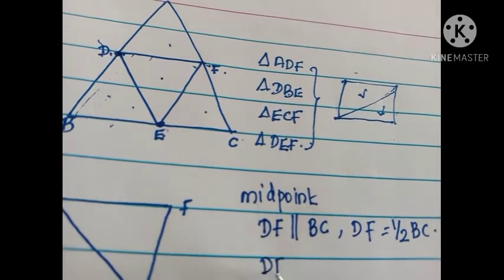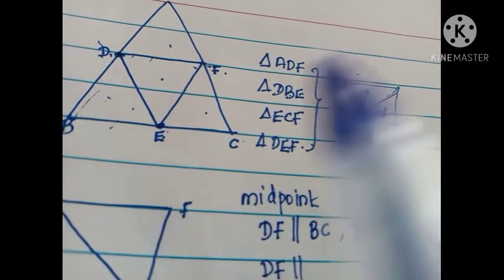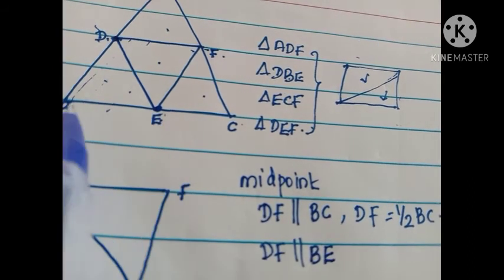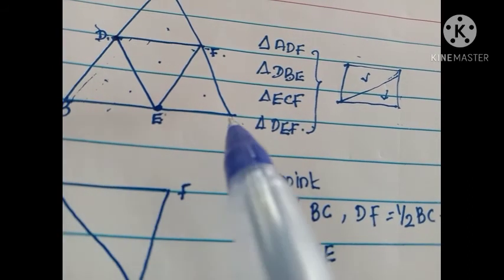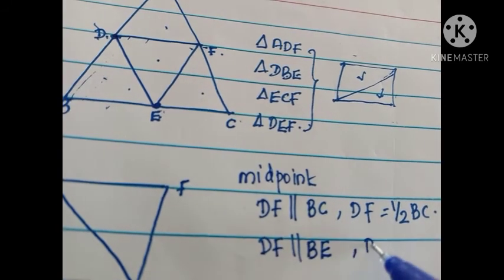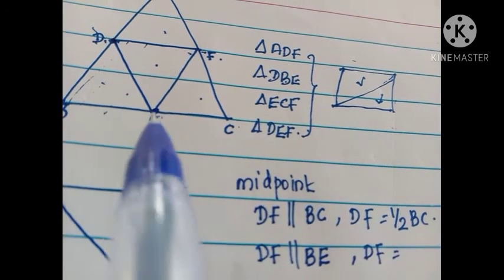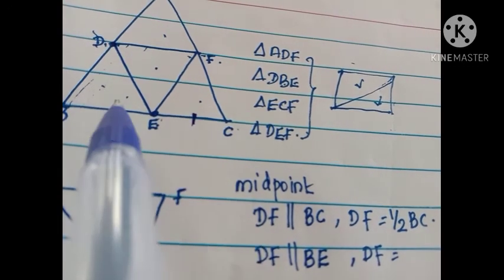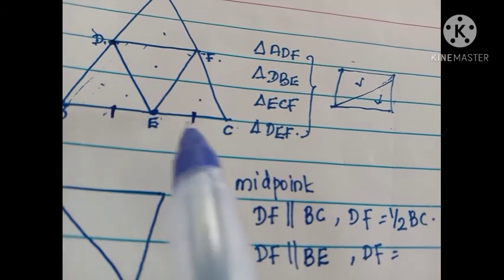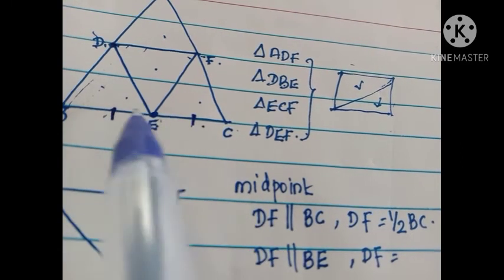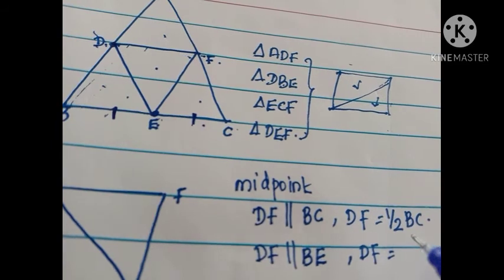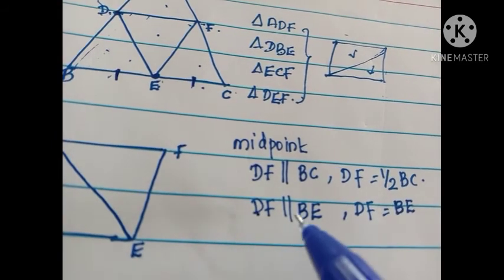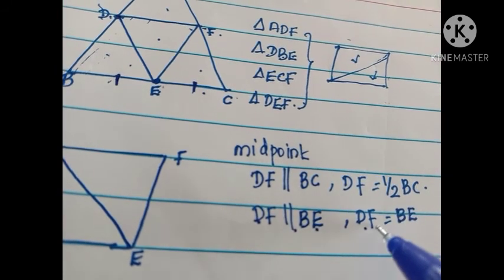Now listen, DF is parallel to BC is always the same as DF is parallel to BE, because BE is a part of BC. Now DF is equal to half of BC. Half of BC means either BE or EC, because E is the midpoint of BC. So these two lengths are equal. So DF is parallel to BE, DF is equal to BE.